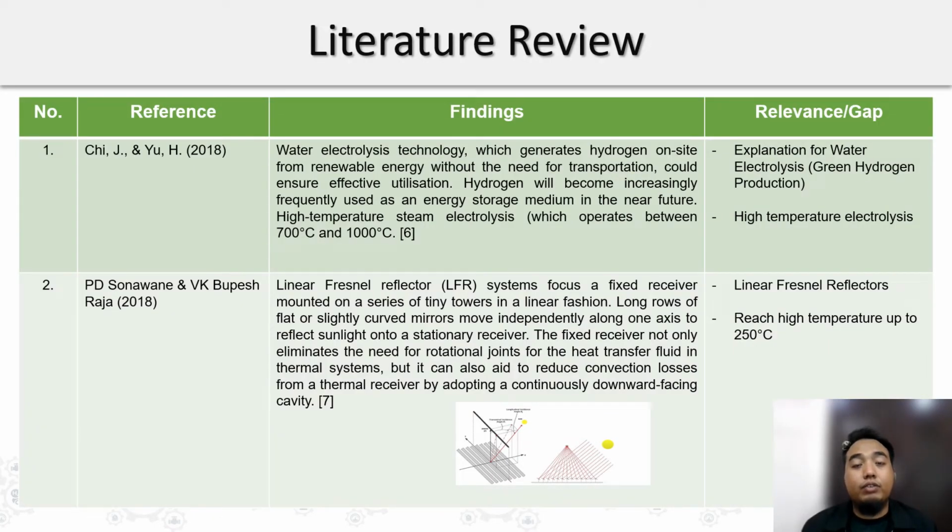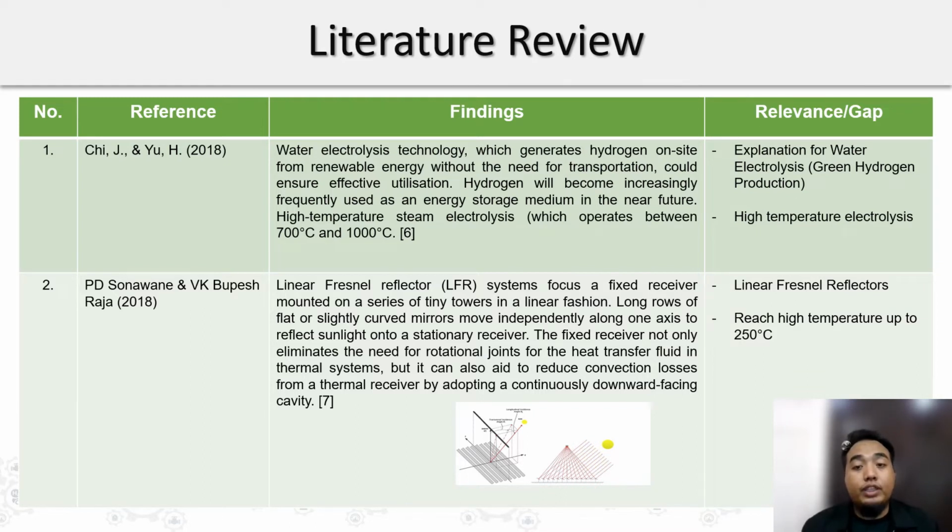For the literature review of this project, I did some findings on water electrolysis, linear Fresnel reflectors, dish concentrator, and PEM electrolyzer. From the journals, I now know about water electrolysis, which itself needs high temperature.